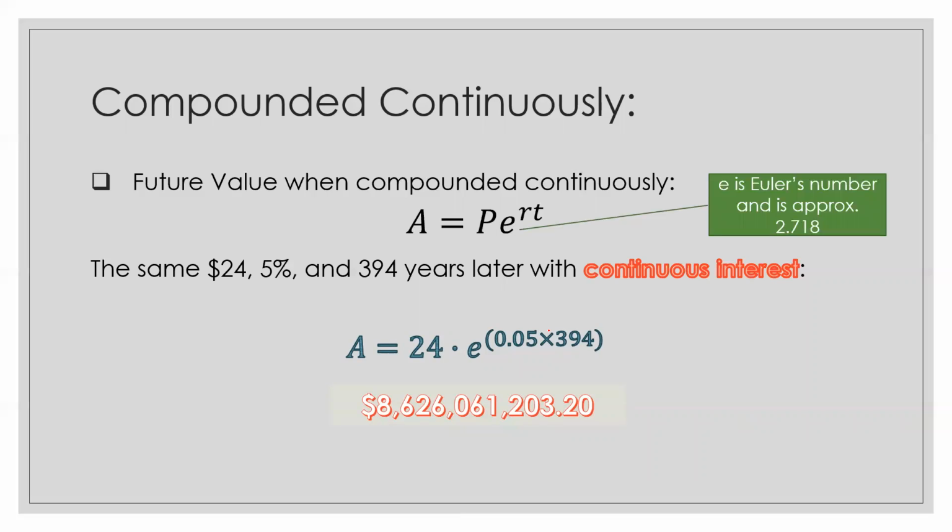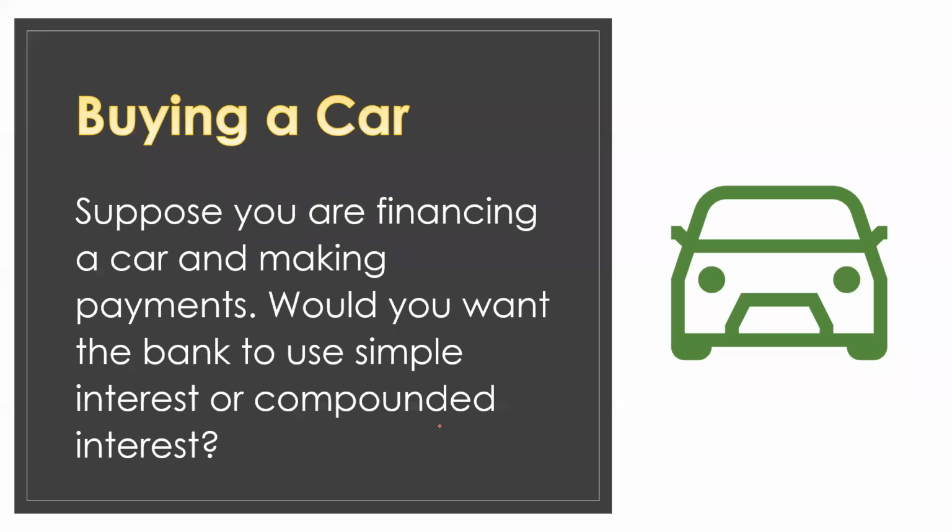Well, here, if you throw that into your calculator, you're going to get 8.626. From before it was, I think, 8.614 billion. So this is even more than that, and that is what we call continuous.